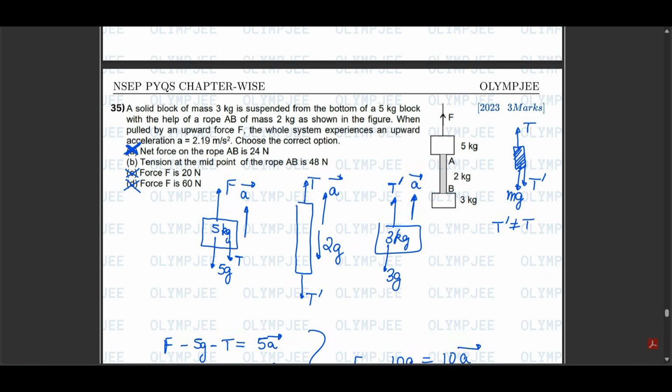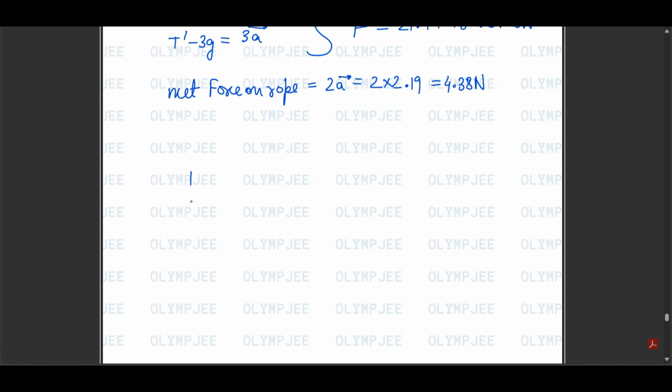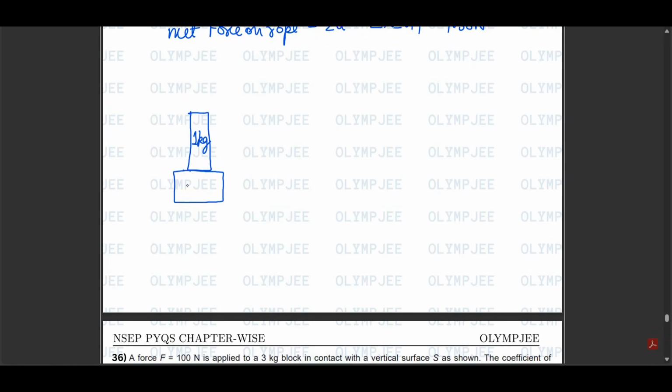Now we will calculate the tension at the midpoint of the rope AB. If we take the half rope of 1 kg, since the entire rope was 2 kg, half rope will be of 1 kg. We are assuming that the mass is distributed uniformly in the rope. So half rope has mass 1 kg, and this block has mass 3 kg, and this would be pulled by a tension which we have to calculate, and downwards it will have 4g acting.